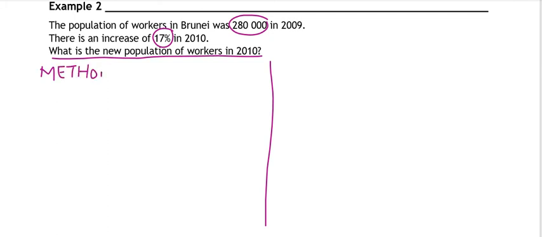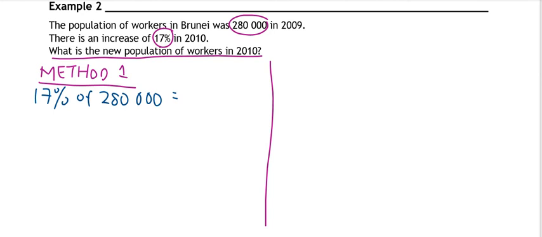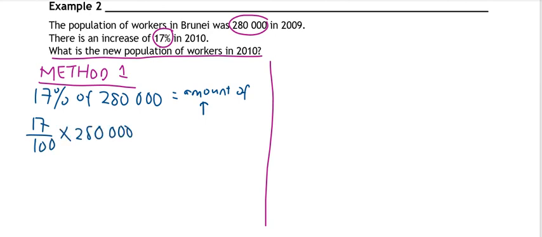Method number one focuses on using the percentage of 17%, and you will use this 17% of the 280,000. This is actually the amount of increase, right? So 17 over 100 times 280,000.